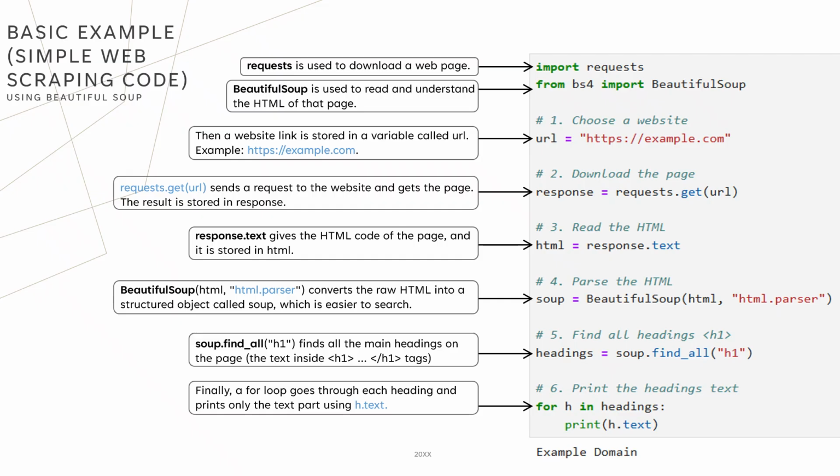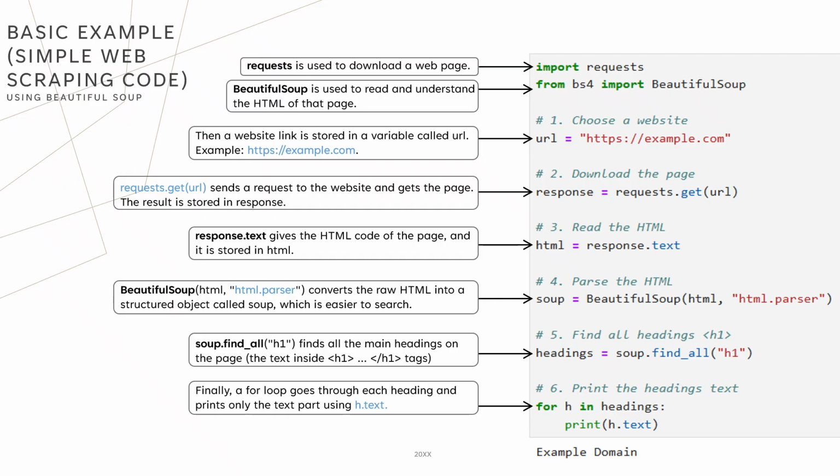Then your parser, for which we are using Beautiful Soup, will parse the HTML of the website. You use Beautiful Soup to convert this raw HTML into a structured format, which is easy to search. Then you will extract the required data. The data which you want will be extracted from the HTML.